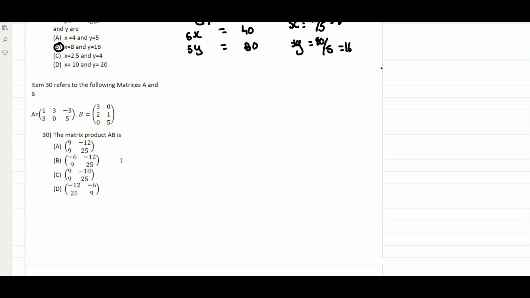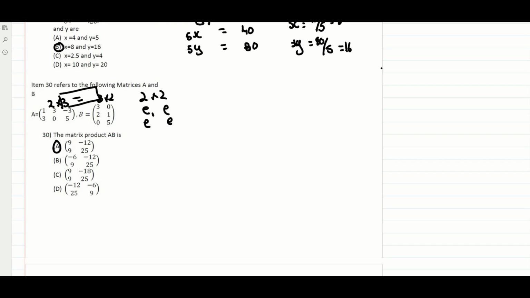We did this question as well. I believe the answer was 9 was the first one, then minus 12. I think the answer was E, but let's check it out to make sure. Right, this is a 2 rows by 3 columns, and this is 3 rows by 2 columns. Again, these two are equal, so your resultant matrix is 2 by 2, which is 2 rows by 2 columns.